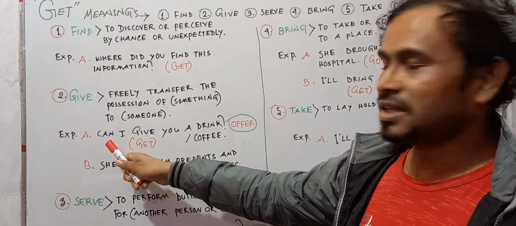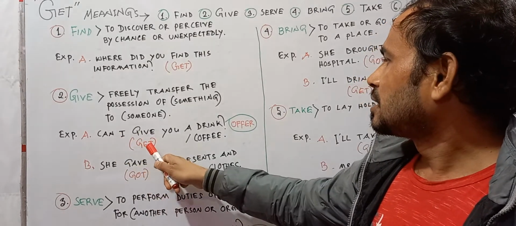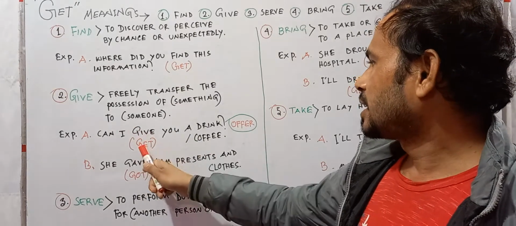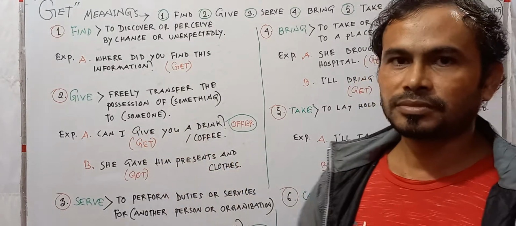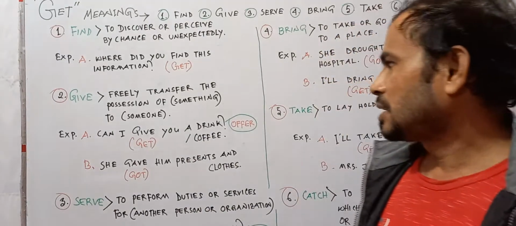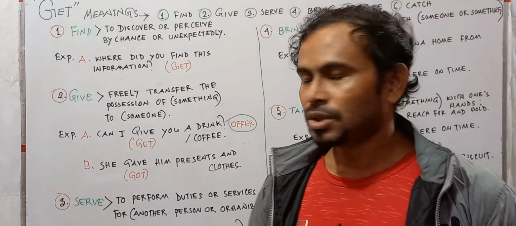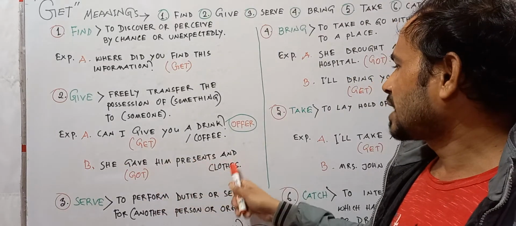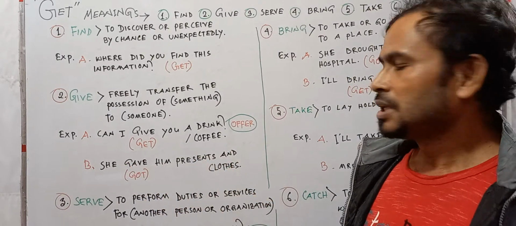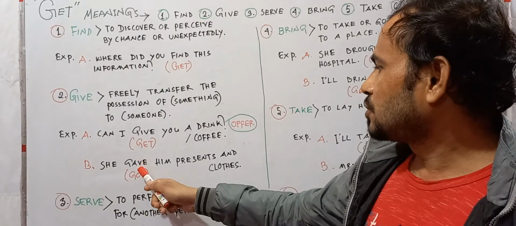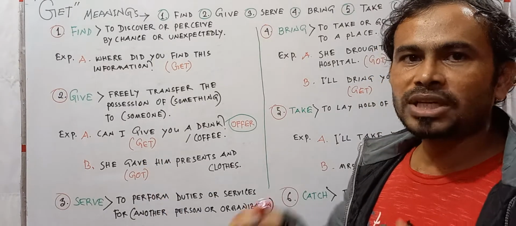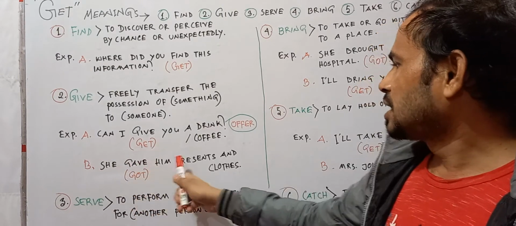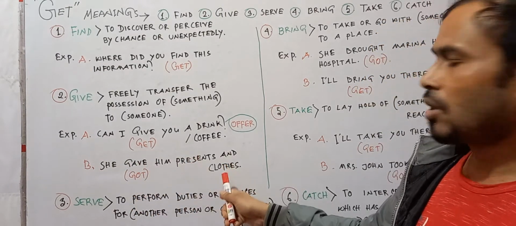So the sentence is, can I get you a drink, or can I get you a coffee? Okay, I think you got it. So the next example is, she gave him presents and clothes. Instead of using give in this statement, we can use get. Okay, she got him presents and clothes.